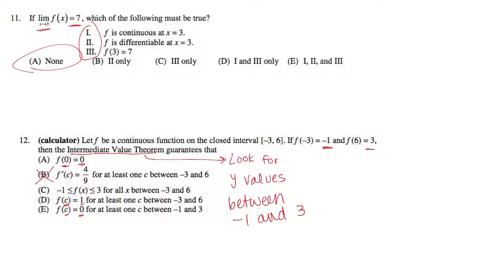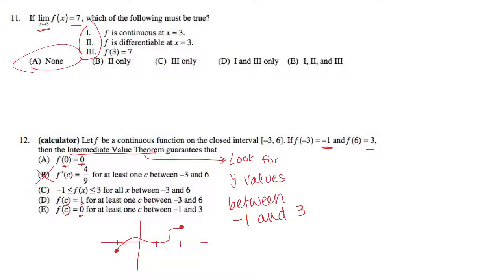And if we do a quick sketch of the information given to us, we see for -3, we're at -1. So we know that's true. And then we know at +6, we're at +3. And we know our function is continuous, so we know something has to happen. And so what does the intermediate value theorem guarantee?